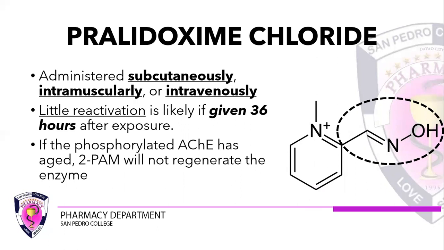But note lang dito is that lethal reactivation is likely if it is given 36 hours after exposure. Tapos, if the phosphorylated acetylcholinesterase enzyme has aged, 2-PAM will not regenerate the enzyme. So, there is a time limit or time range sa paggamit ng pralidoxime.